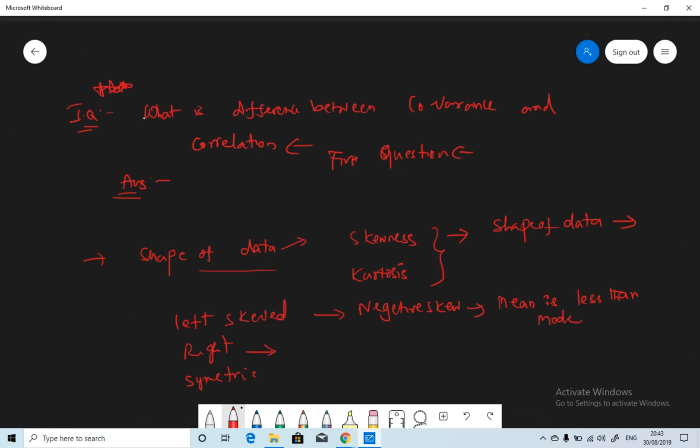Whenever the data is said to be right skewed, this is called a positive skew. We will see it in the examples. Mean exceeds mode. Symmetric is a very, very important thing.